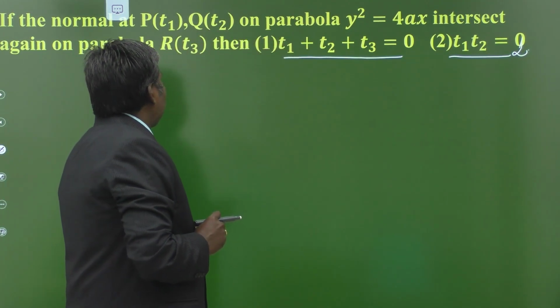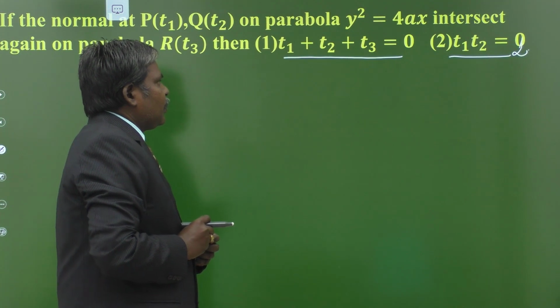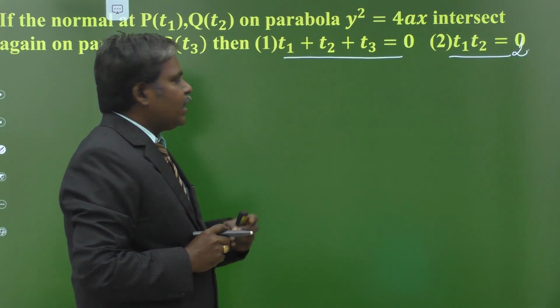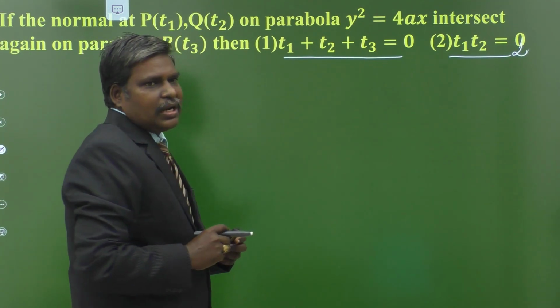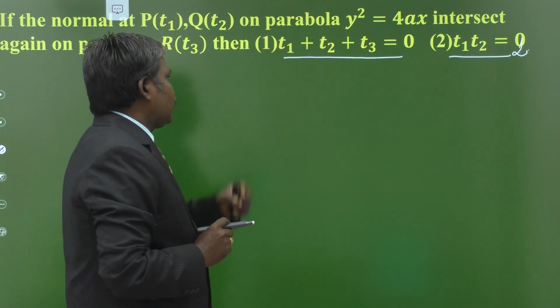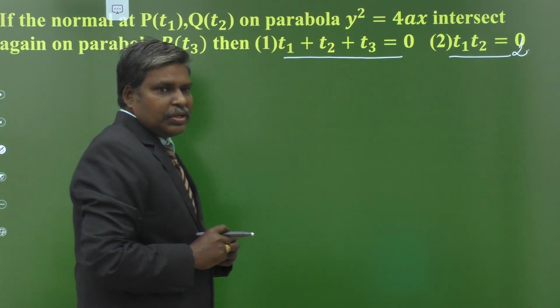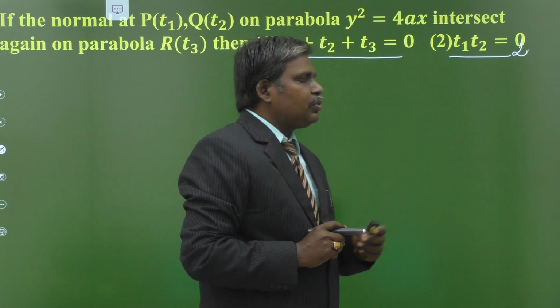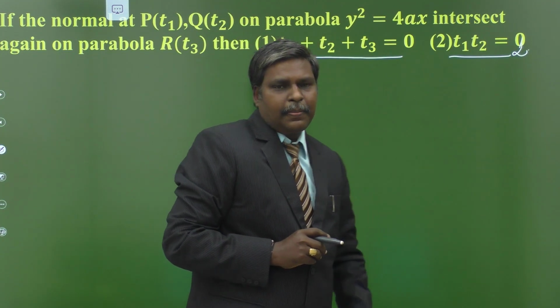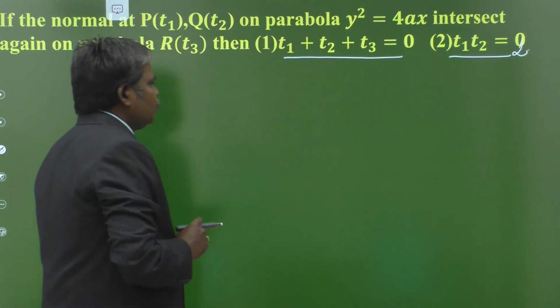We are going to show that t1 + t2 + t3 is 0 and t1 into t2 is equal to 2. Very simple result it is also.